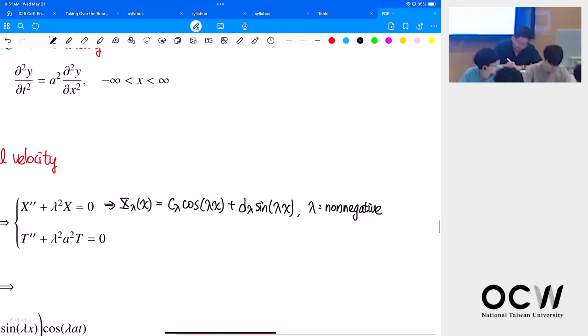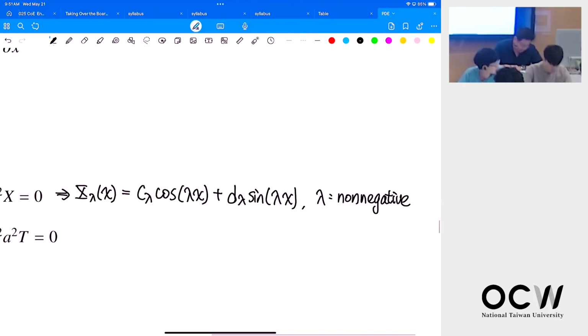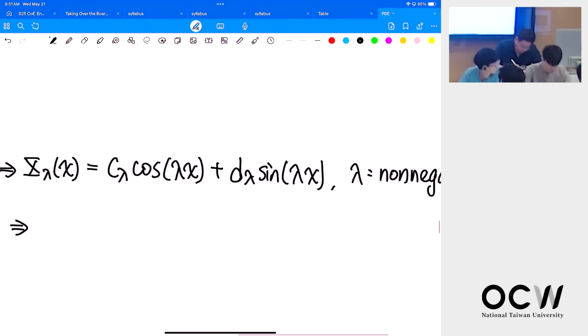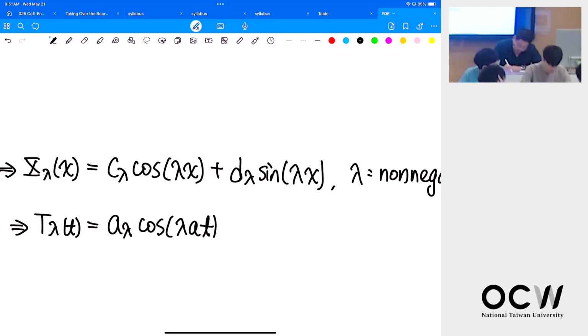And for the time, we also have T, a linear combination of cosine and sine function. So here we have a lambda cosine lambda a t, coefficient, second term b lambda sine lambda a t.